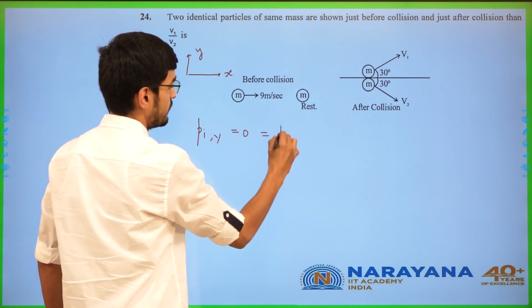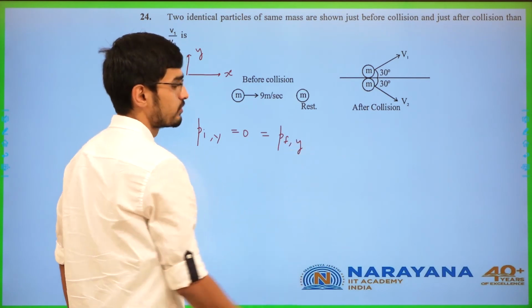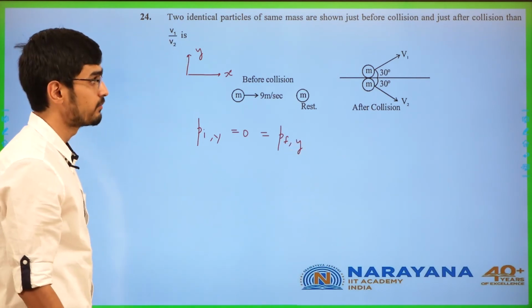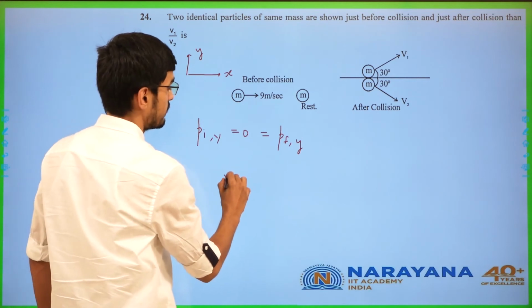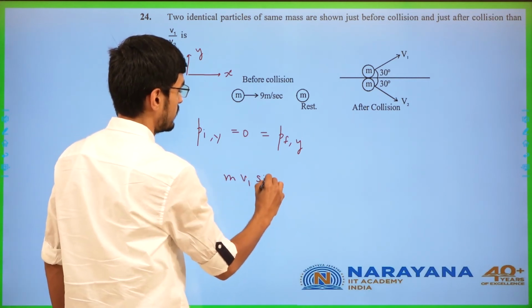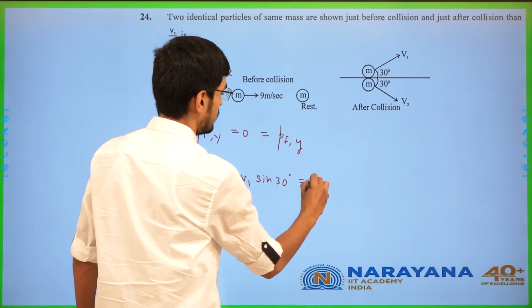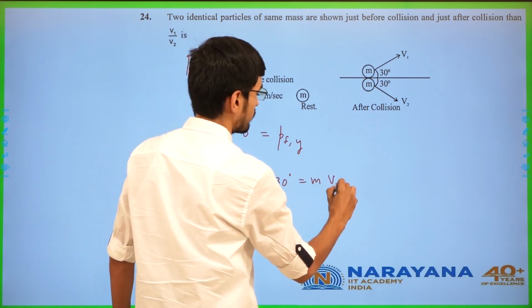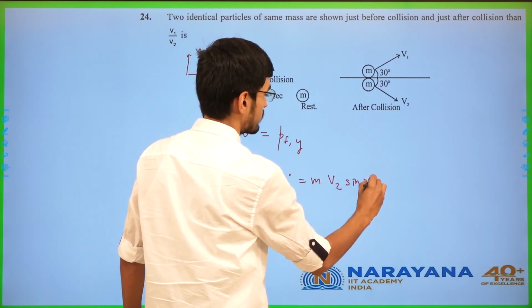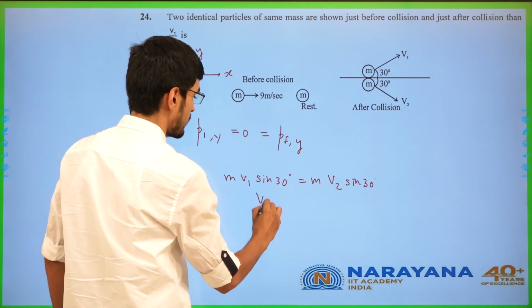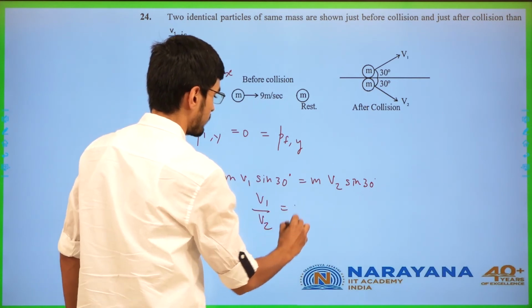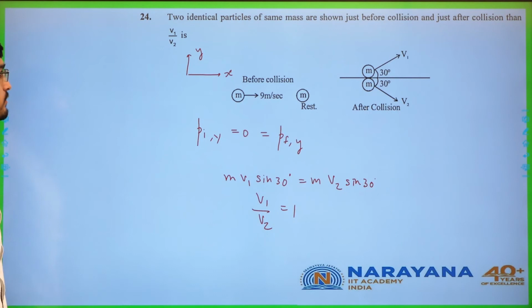So even the final momentum along the y direction should remain 0 because of conservation of linear momentum. If we apply that, we will get m v1 sine 30 degree equals m v2 sine 30 degree. That means the v1 by v2 ratio is 1. Okay. Next question.